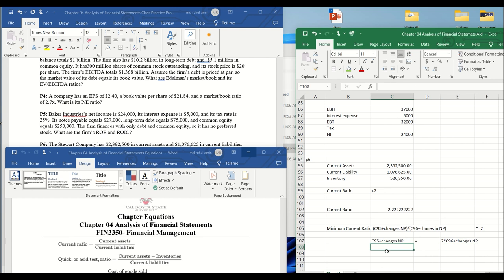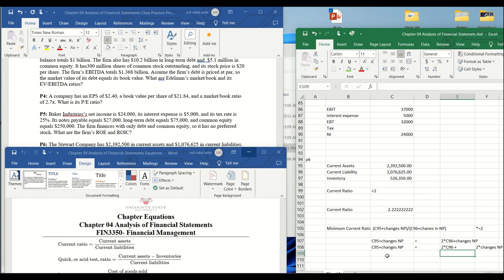If I do it correctly, then C95 equals 2 times C96, then 2 times change in NP. I mean, it should be a plus sign, I'm just multiplying.